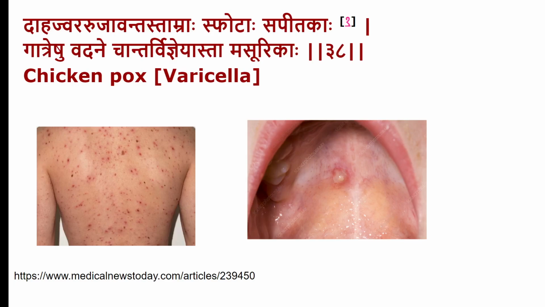Masurika are presented as vesicular eruptions which may be either reddish or yellowish later on, and they also tend to occur on the mucosal surface. That's again quite important, that vesicular eruptions involve the skin as well as the mucosal surface. This is the typical presentation of the chickenpox or the viral infective pathology.